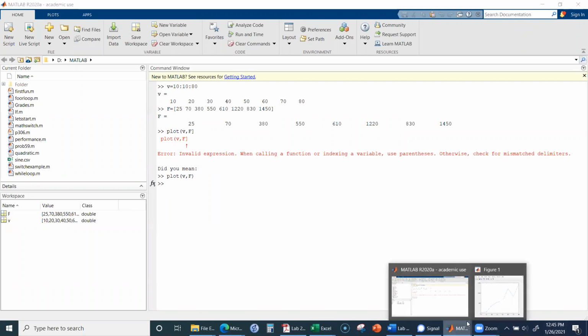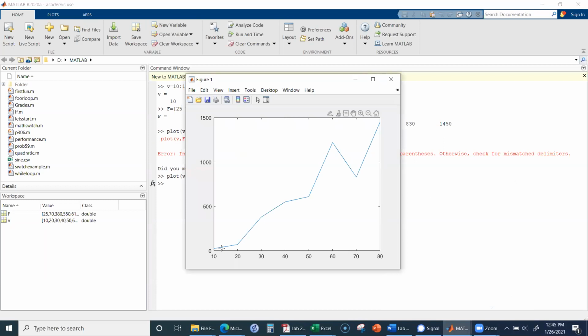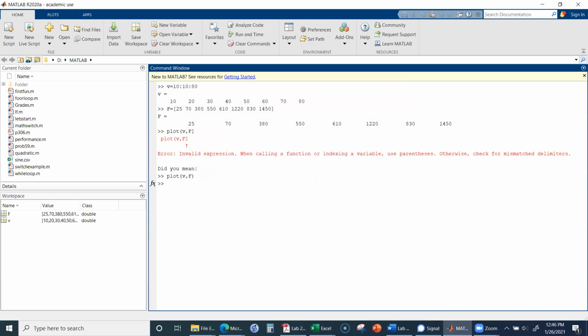Since my figure is open over here, I can see that this is the data which has been plotted. However, in this case, we were not asked to plot it by the simple plot command. We were asked to plot it by the log command. Okay.